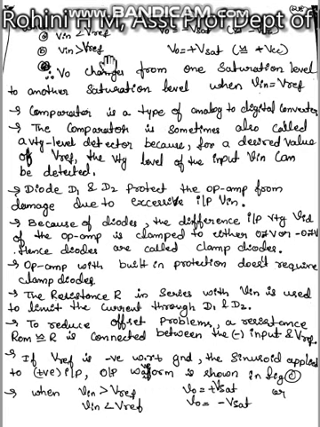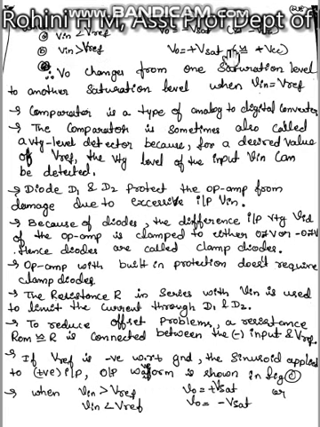If Vin is greater than V reference, then Vout is equal to plus Vsat, or plus VCC. Therefore Vout changes from one saturation level to another when Vin is equal to V reference.